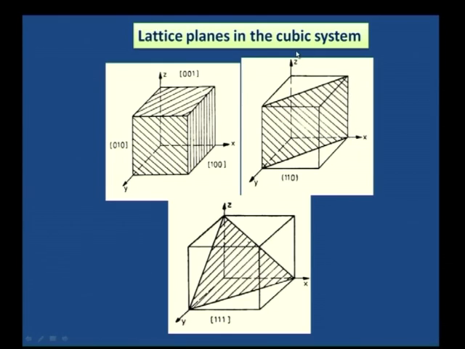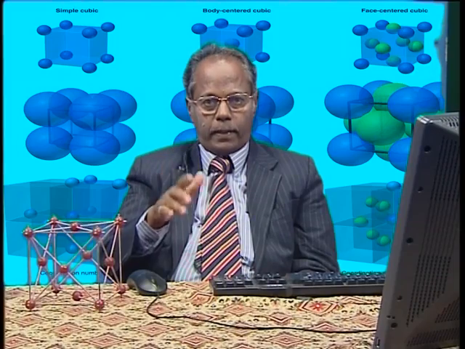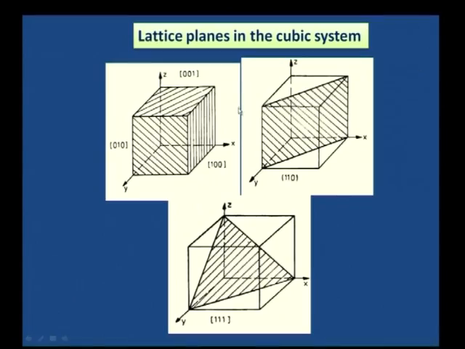Now, this is the plane about which I was talking, it does not make an intersection along the z direction. It is a plane that cuts 1 times a along the x direction, 1 times a along the y direction, but it does not intersect the z direction. It does not intersect means what? The numbers will be 1 1 infinity, okay, but the reciprocals will be 1 1 0. So this plane will be referred to as a 1 1 0 plane.